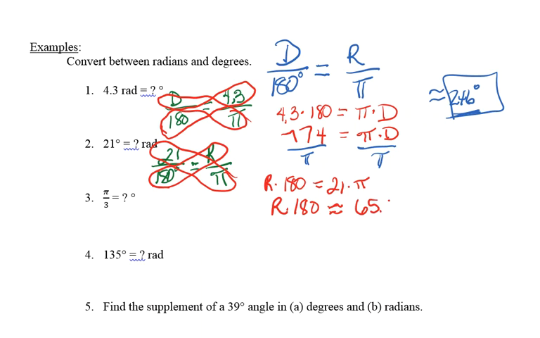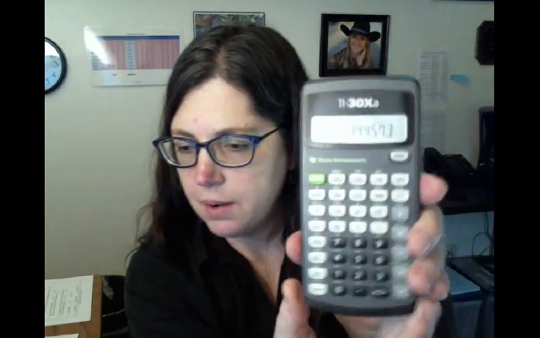I leave that in the calculator as is and then do the division. I'm now going to divide by 180. Let me show you what I'm talking about. On my calculator you can see I have the 65.97.